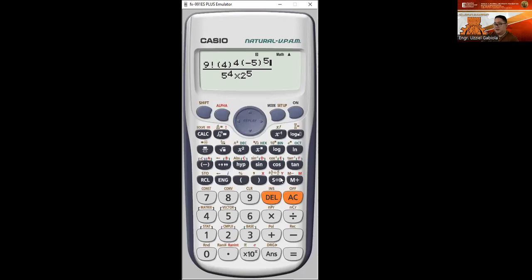Kailangan natin i-write ito. So, negative 5 raised to 5. Yan. Tapos, tsaka natin divide ng 4 factorial times 5 factorial. Yan. 5040. Negative.